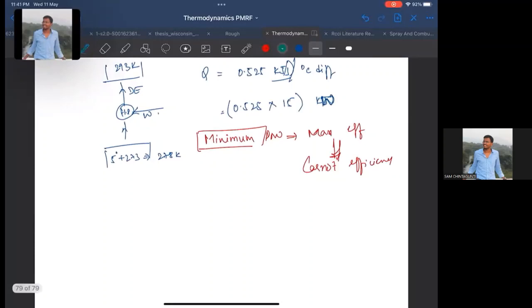Efficiency is given by Carnot efficiency or COP as well. So COP is equal to desired effect by W. The desired effect in this case is 293 by delta is 50. This is a COP.